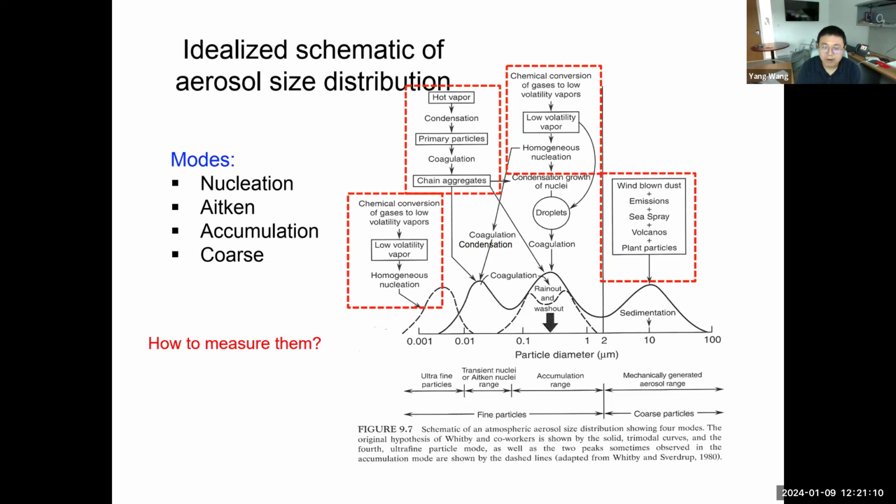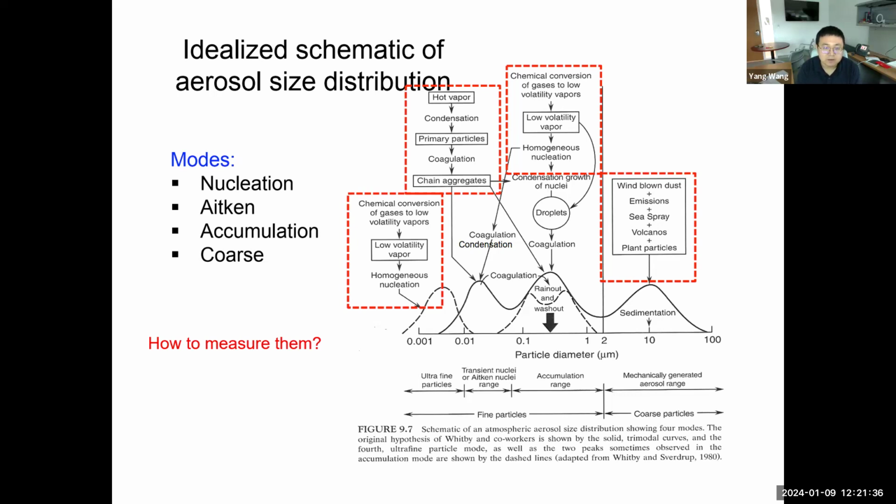There are chemical reactions, and new particle formation has been getting more and more attention in the recent decade because people found that this process can contribute more than half of the cloud condensation nuclei on our Earth, which can play a hugely important role in our climate. As these nucleation mode aerosols further grow to tens of nanometers, they are in the Aitken mode.